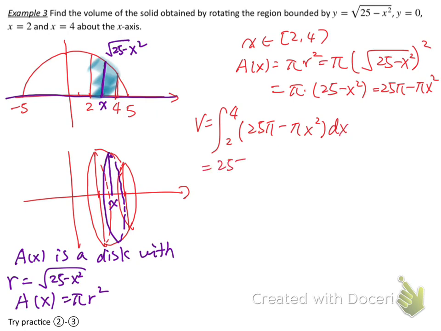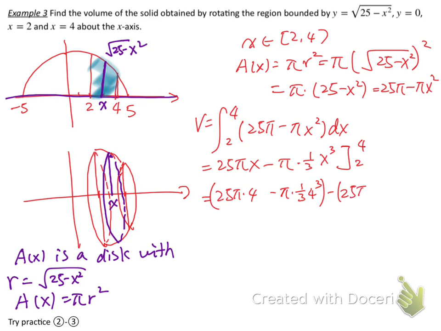This will be 25 pi x minus pi times a third x to the third power, from 2 to 4. Plug in 4, I'm having 25 pi times 4 minus pi times a third, 4 to the third power. Plug in 2, I'm having 25 pi times 2 minus pi times a third times 2 to the third power.